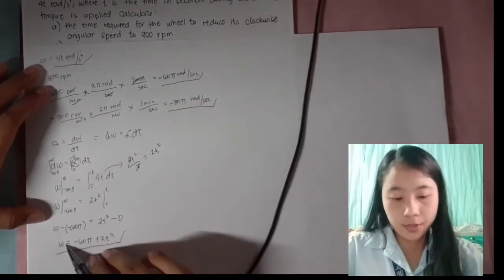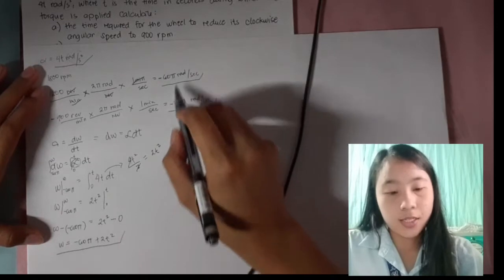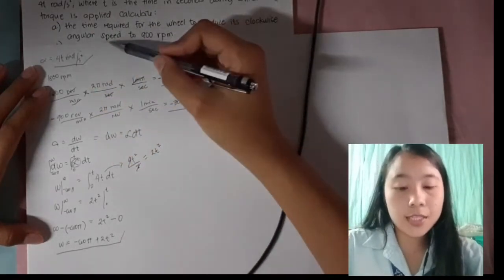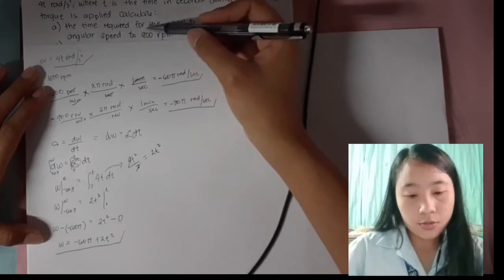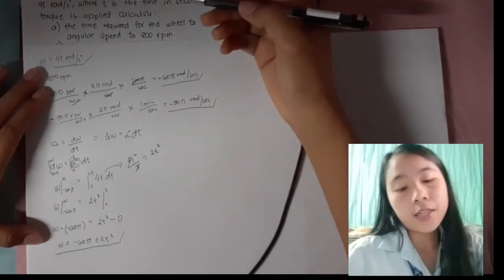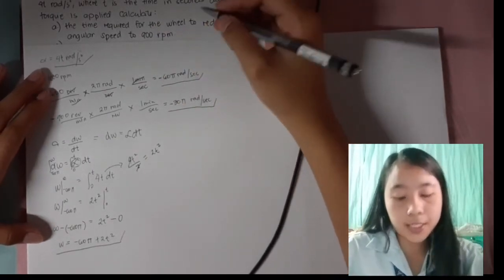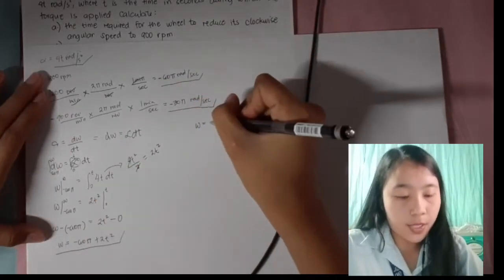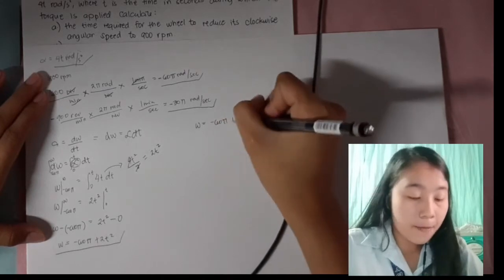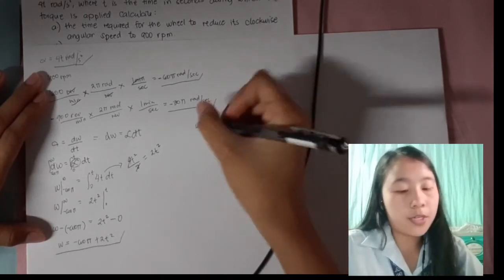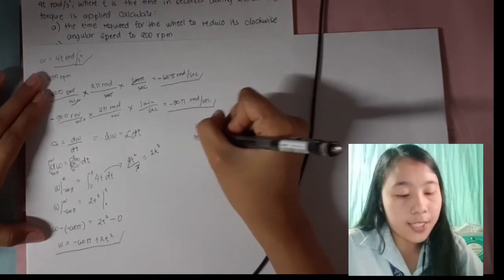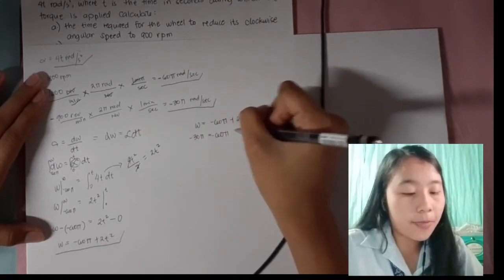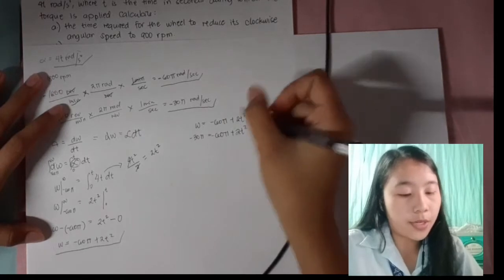Now we can substitute the omega. We convert the 900 revolutions per minute into omega. Omega is equal to negative 60 pi plus 20t squared. Substituting, negative 30 pi is equal to negative 60 pi plus 20t squared.